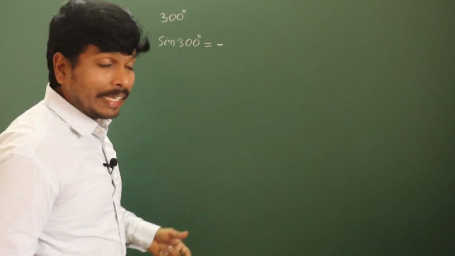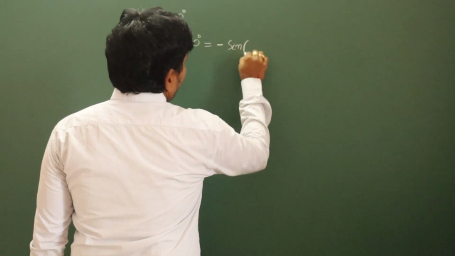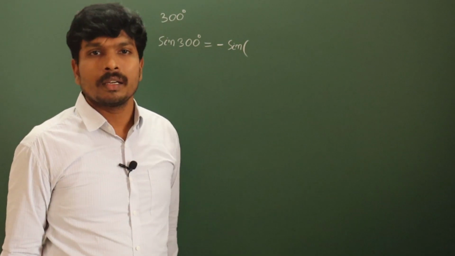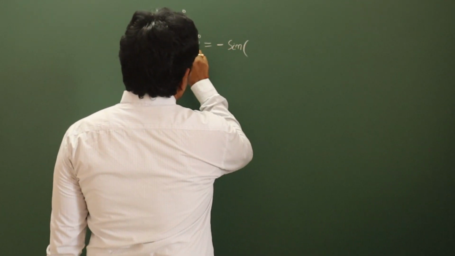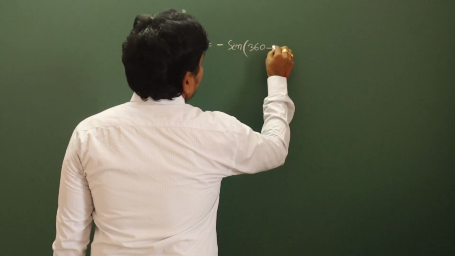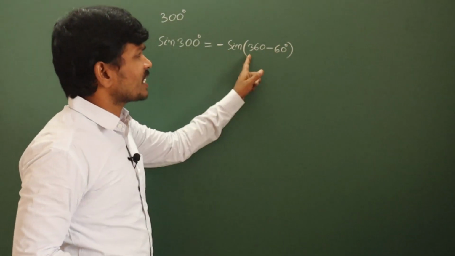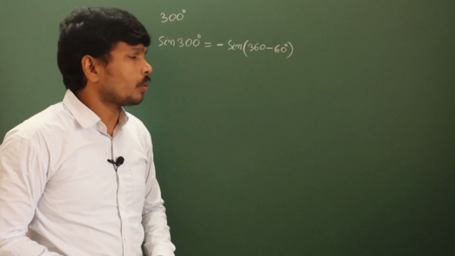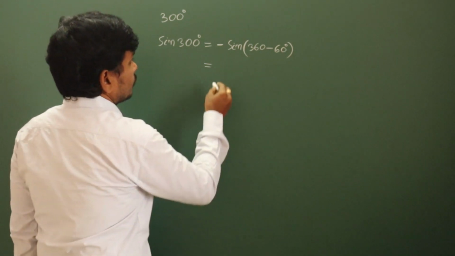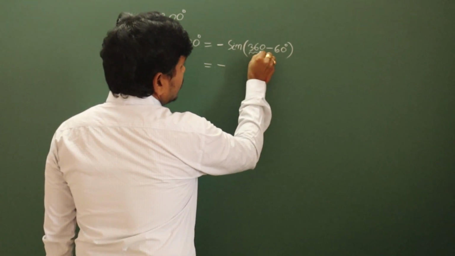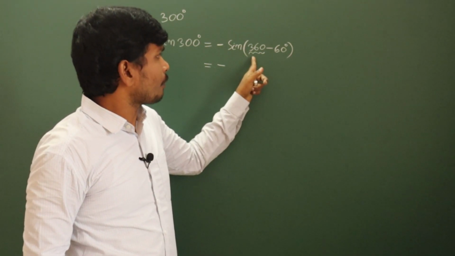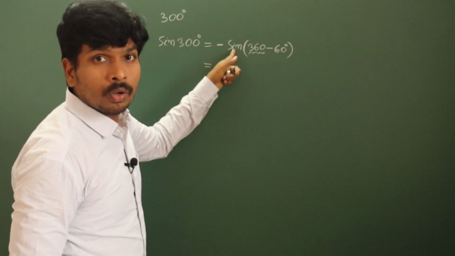In the fourth quadrant, angles we can express as 360 minus theta or 270 plus theta. So here we can express 360 minus theta, with theta value 60 degrees. 360 minus 60 is 300 degrees only, no? 360 is an even number of right angles, 4 into 90, so the T ratio remains the same.